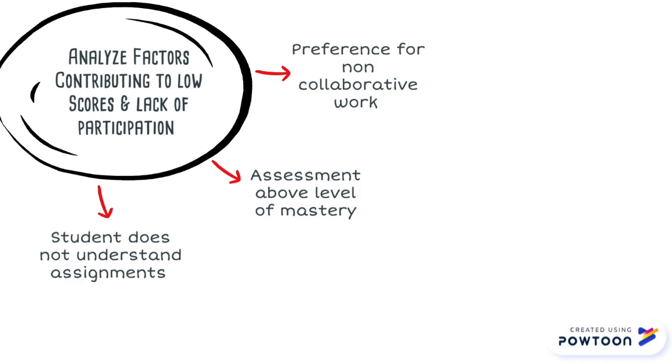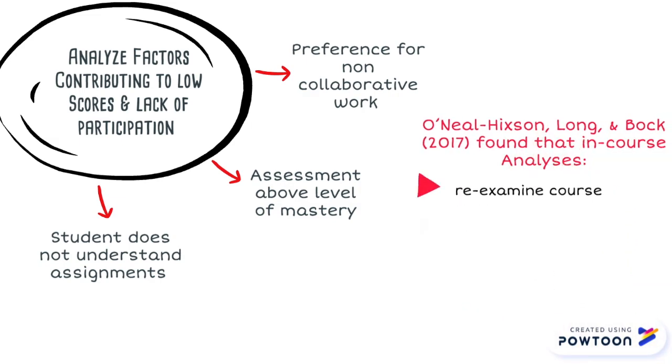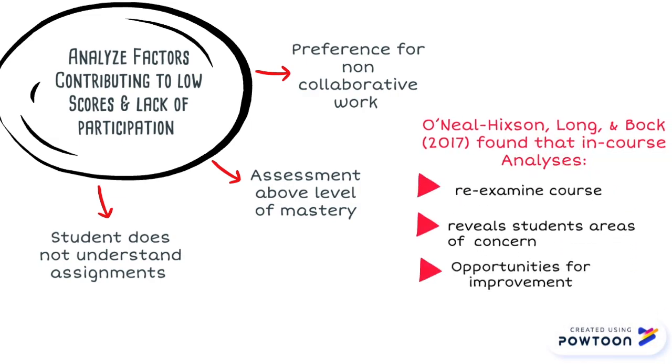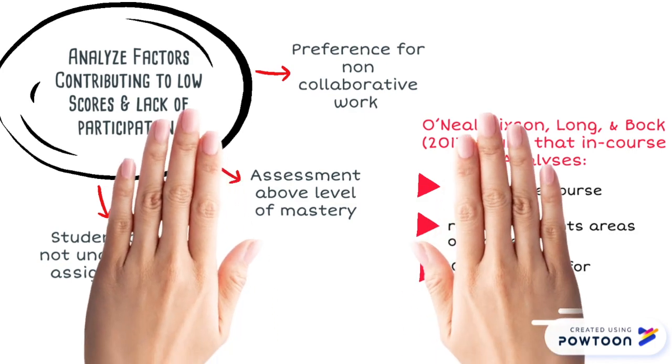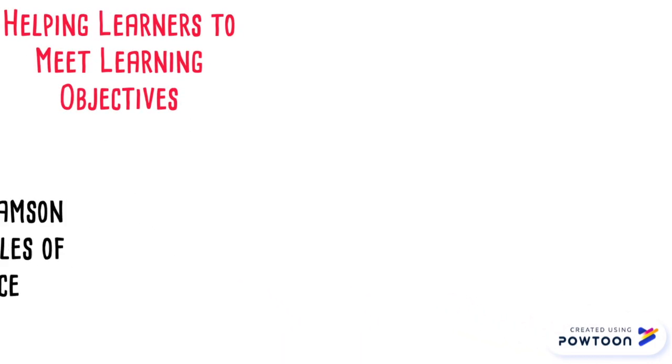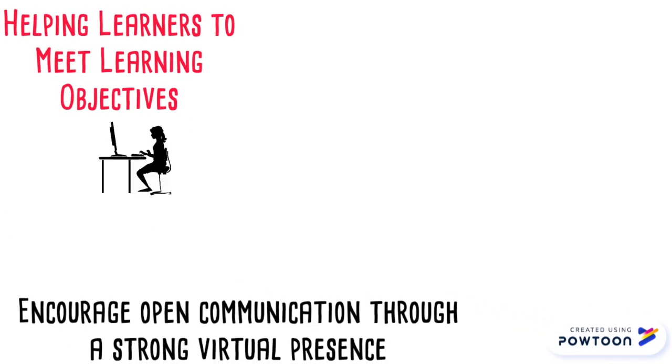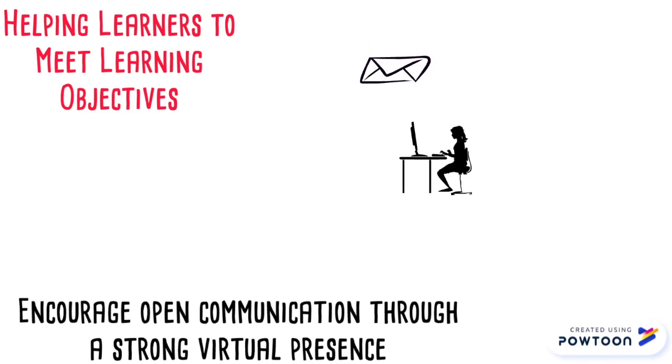O'Neill Hickson found that analyzing data helps the instructor to re-examine the design, uncover areas of concern, and provide opportunities for improvement. Using Chickering and Gamson's 7 principles for good practice helps us to work with learners to meet learning objectives. The first thing an instructor can do is encourage open communication through a strong virtual presence.